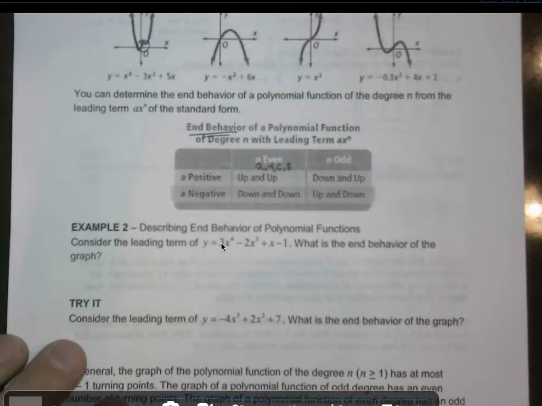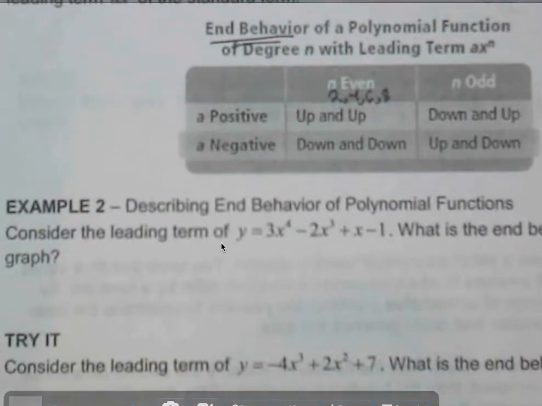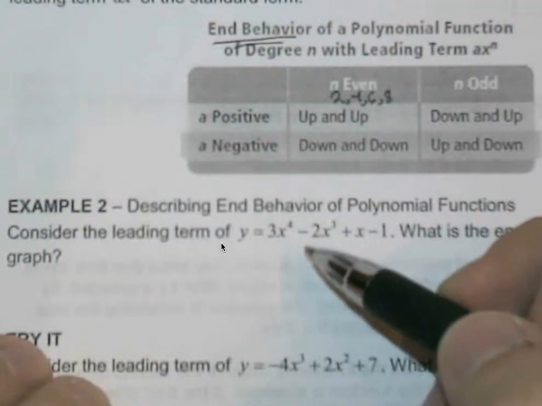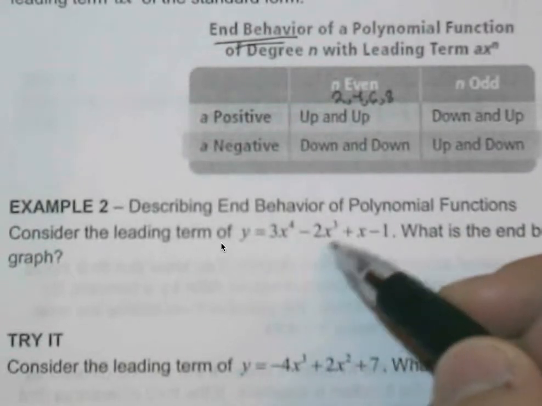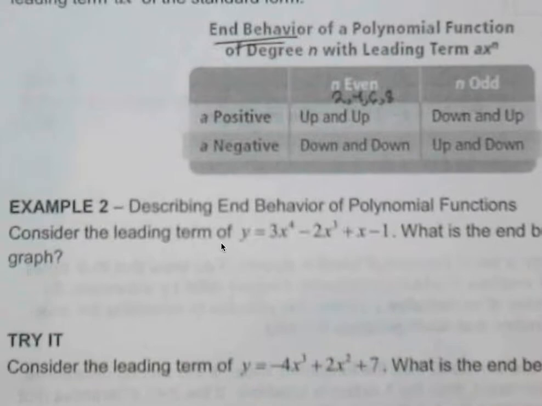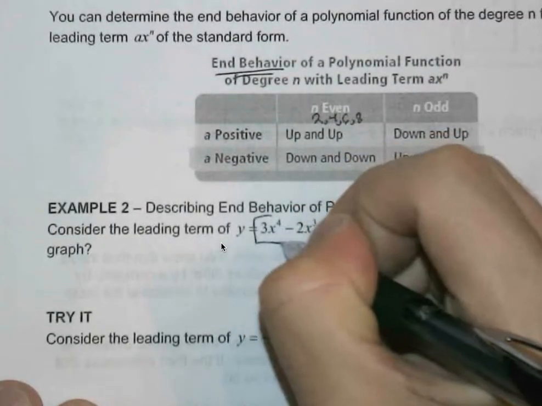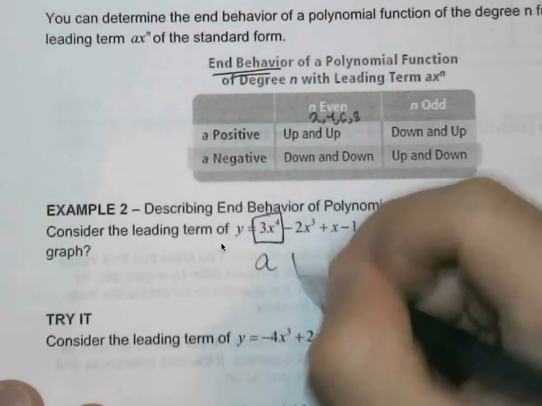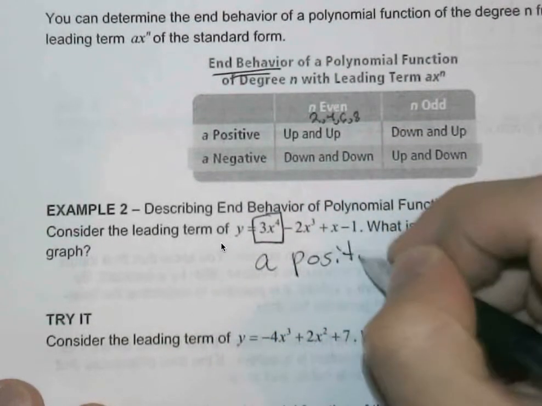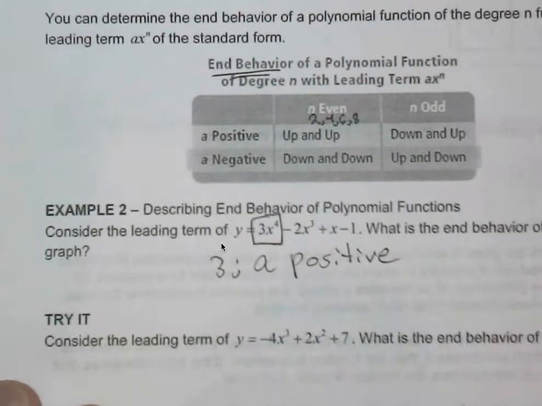So this question's asking us what the end behavior is. Again, this is all based off of the very first leading term. We know that this is already in standard form, this 3x to the 4th minus 2x to the 3rd plus x minus 1. So since we're already in standard form, all we really need to do is nitpick this first term. We know that a is positive, meaning the 3 is positive.